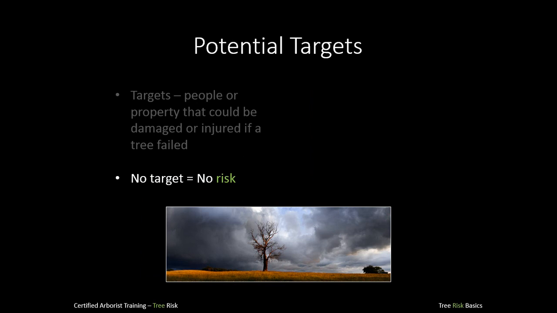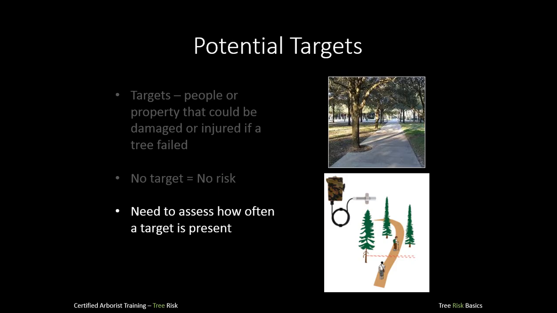If there's no target, there's no risk. This is the only thing in risk assessment that can completely eliminate risk. Any tree of any size can cause injury, and any tree can fail if the winds or ice are strong enough or heavy enough. But if there's no target, there's no risk. So a big part of risk assessment is assessing how often a target's present.